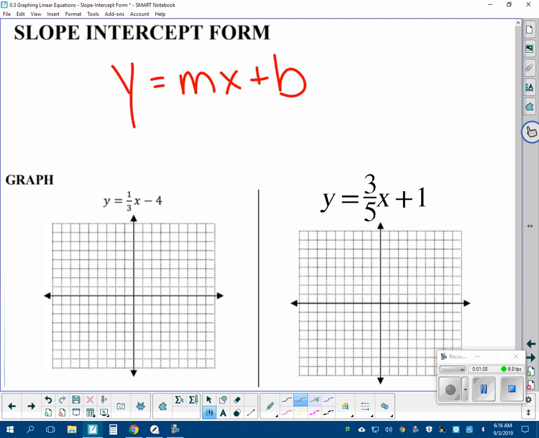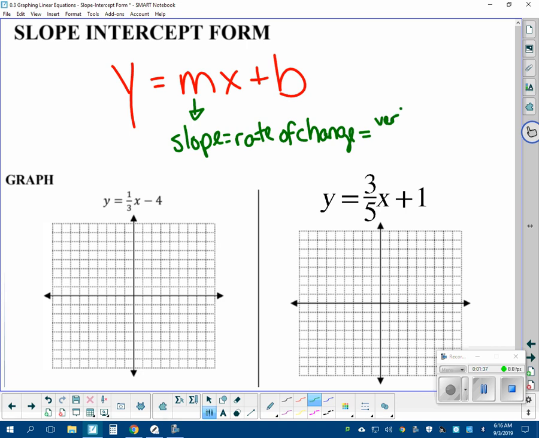Well, what do these things stand for? Well, your m is your slope. Slope is the rate of change. It's the amount that a line is changing vertically over how much it's changing horizontally. Okay, so slope is also called the rate of change because it's the change between two different things.